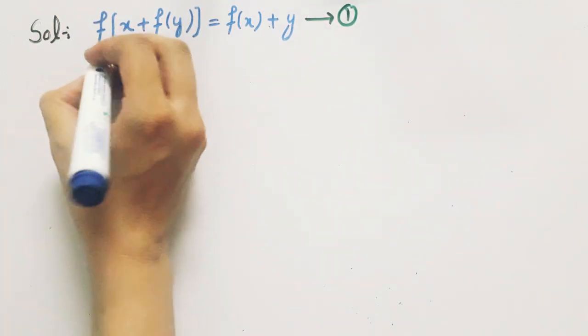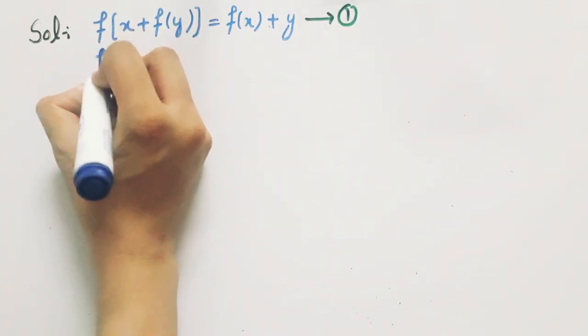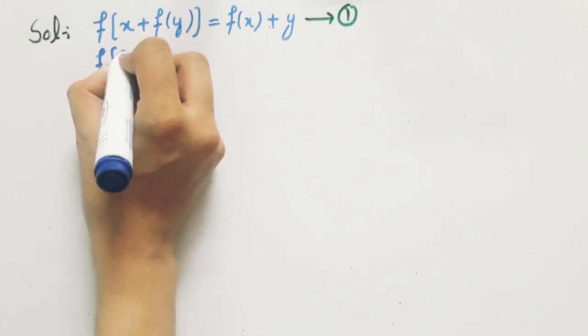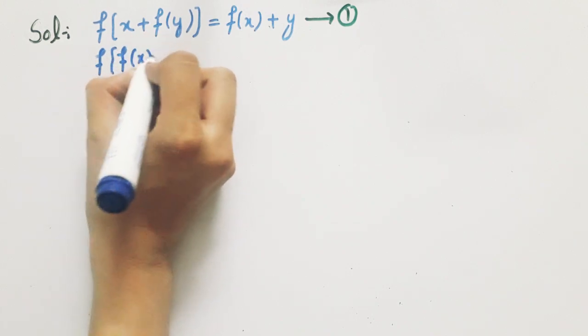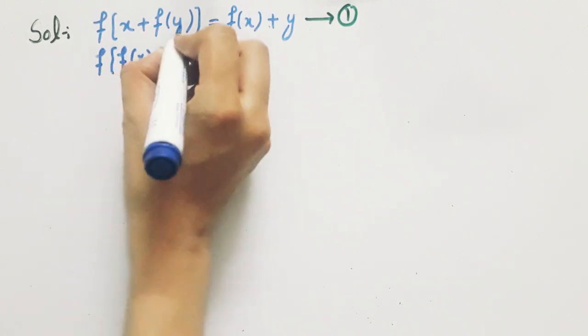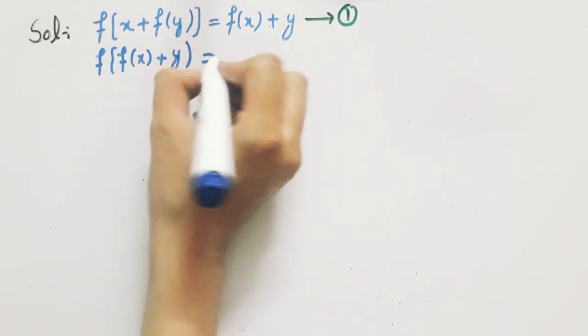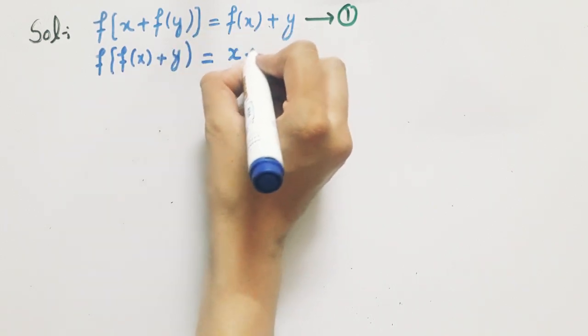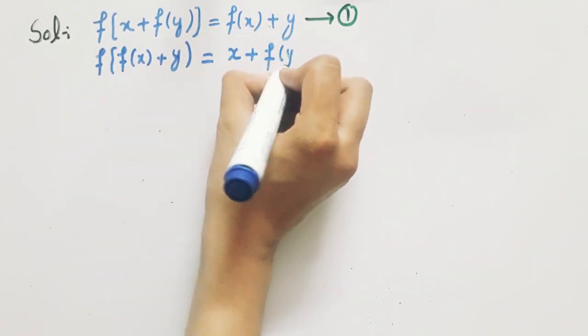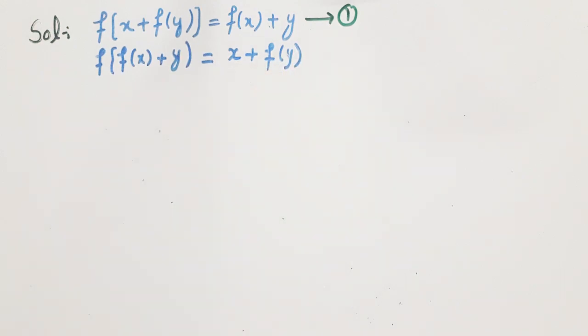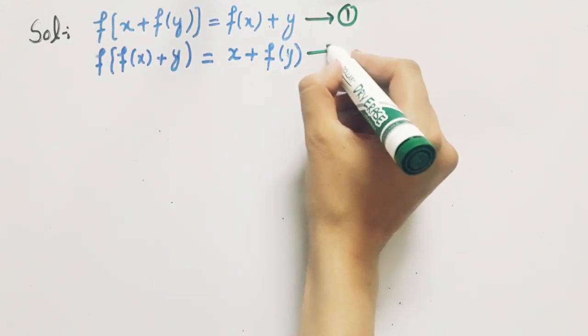Then the other equation, f(f(x) + y) = x + f(y). Name this equation 2.